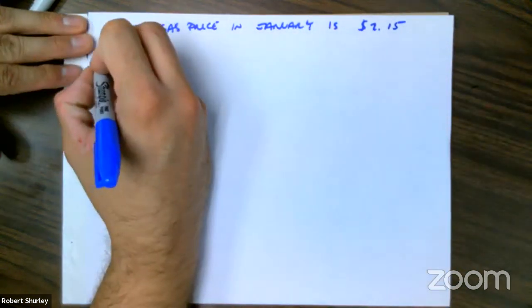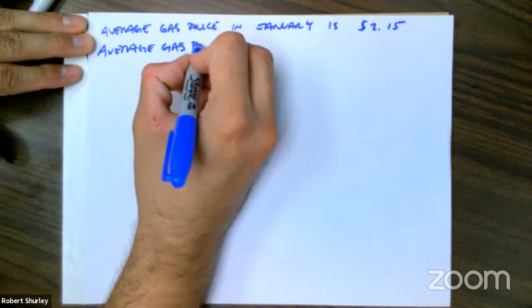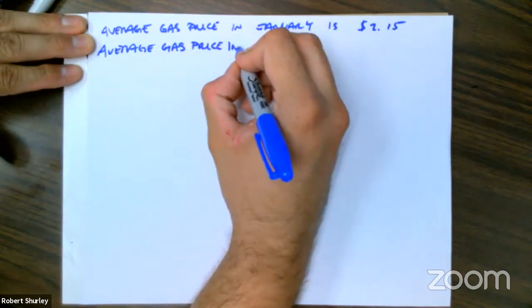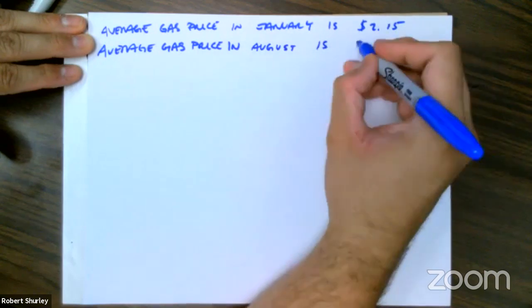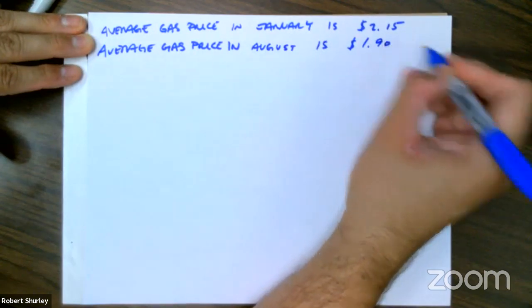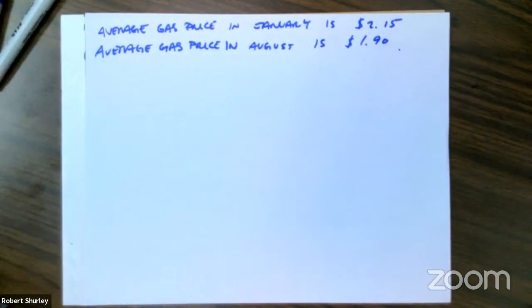And then the average gas price in August is probably about $1.90. I have no idea, doesn't matter, I'm making this up. We're going to do a lot with this one. We're going to really talk about the interpretation of slope here, which turns out to be a big deal.